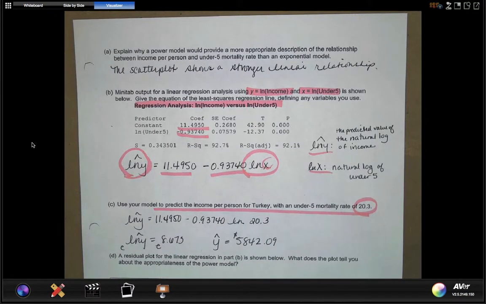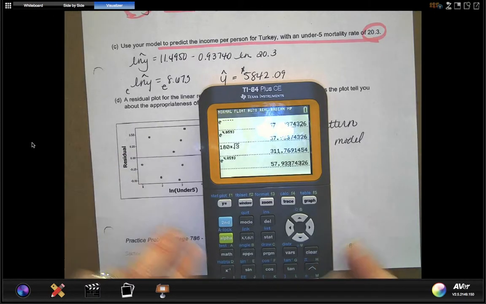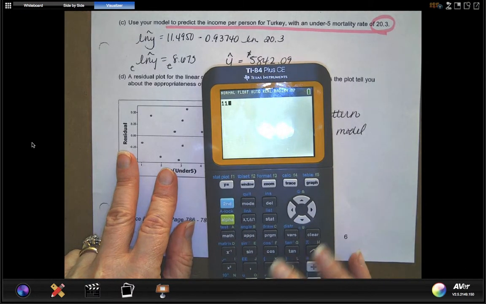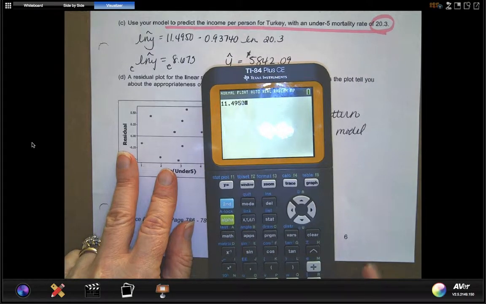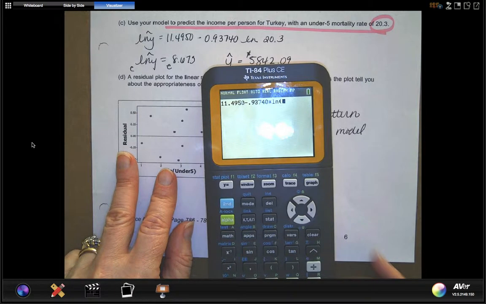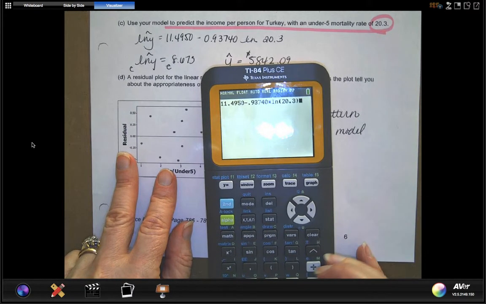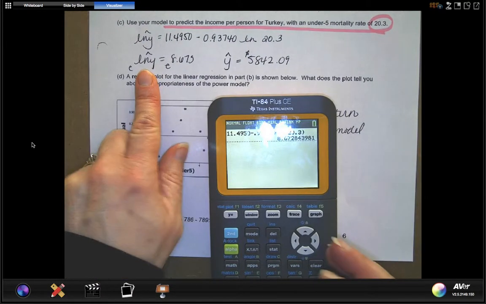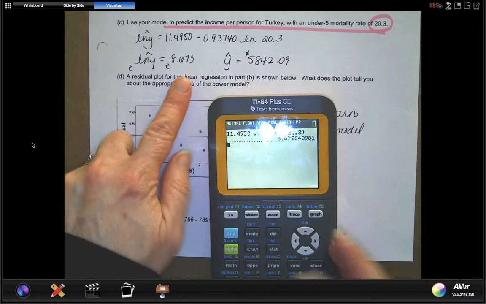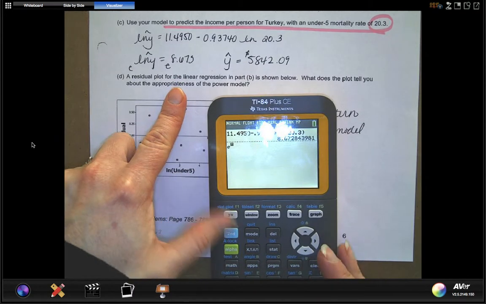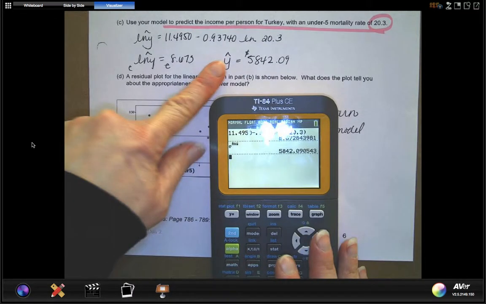Remember, if you're going to do it this way, you could do 11.4950 minus 0.93740 times the natural log of 20.3. But that's that. I still have to undo, because it's a natural log of y is equal to that, or y hat, so I have to undo that. So that's how I got that number there, okay?